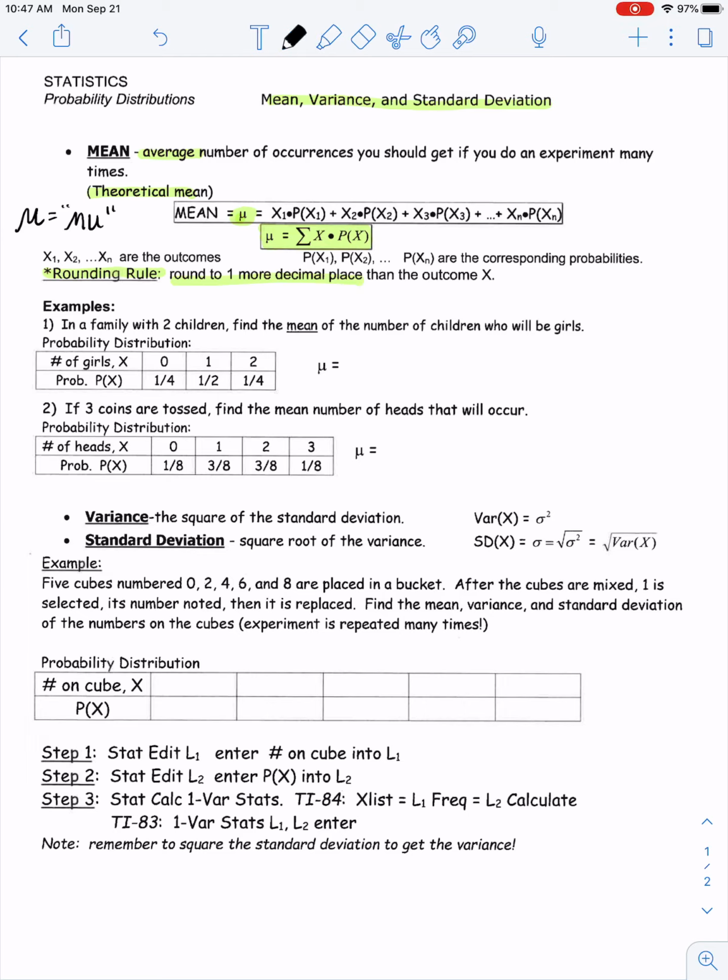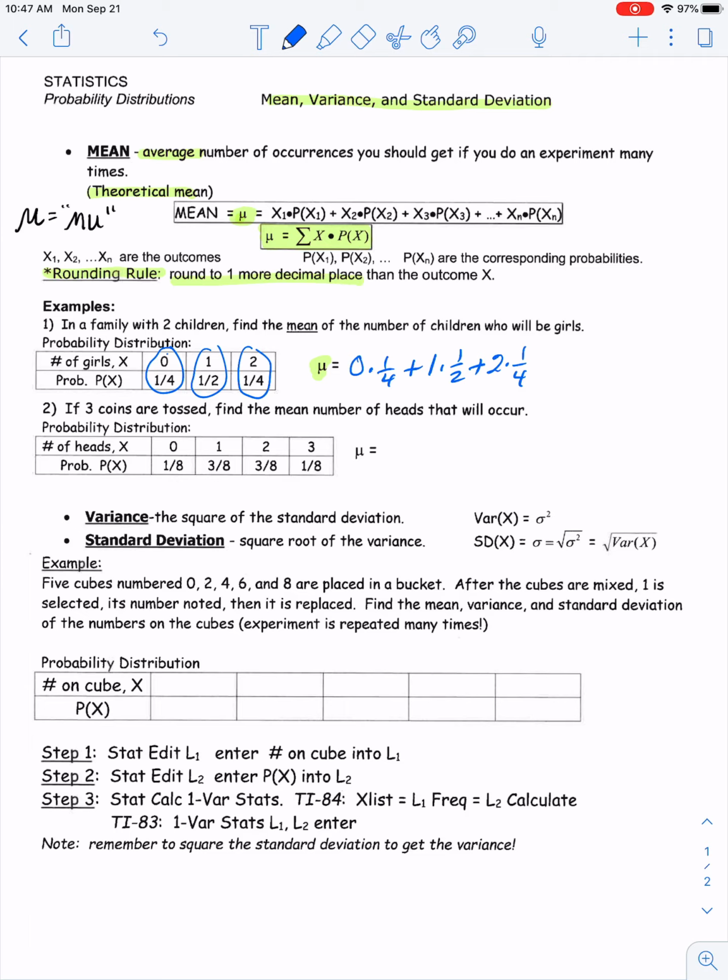All right, so let's try one of these. In a family with 2 children, find the mean of the number of children who will be girls. So I have the probability distribution. To calculate the mean, and again, I have this labeled with our new character mu, we're just going to multiply the x's times the p of x's. So 0 times 1/4, 1 times 1/2, plus 2 times 1/4.